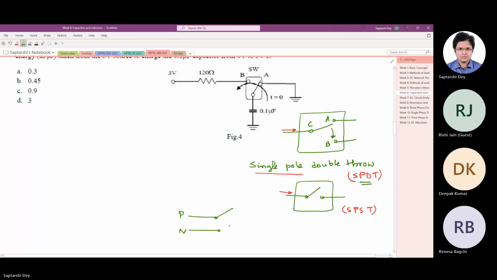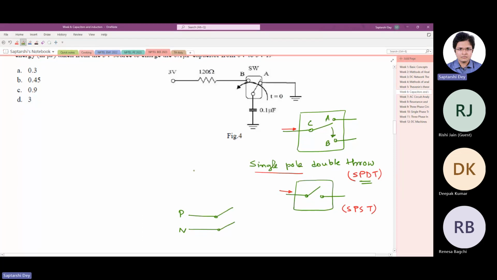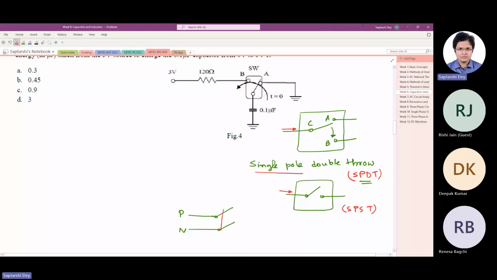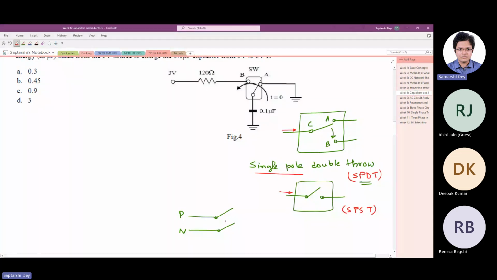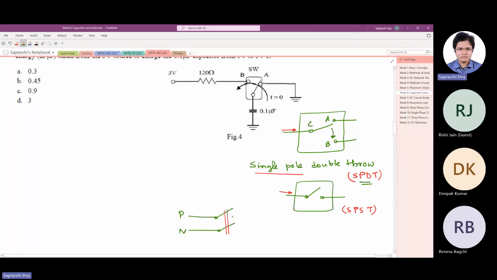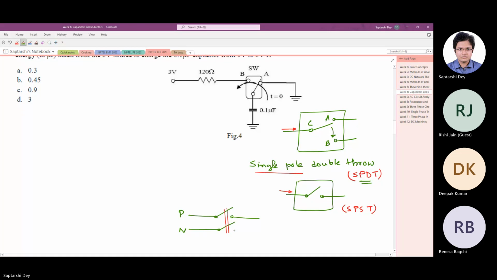Generally, we draw these switches in this fashion. We draw two lines like this, which means these two switches are mechanically connected. You cannot close one and keep the other open. If you close, both are closed, both are thrown together. We sometimes draw them like this.